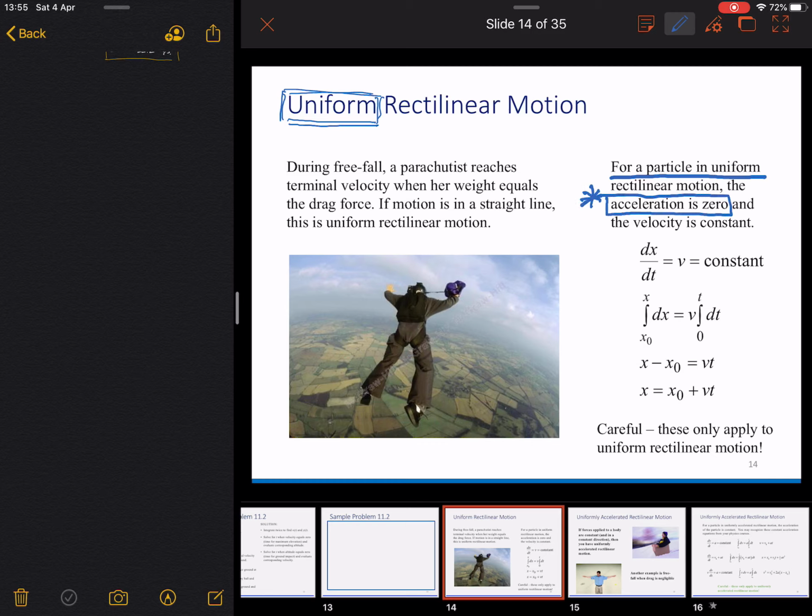This is super important, and this means as a consequence of this acceleration being equal to 0, the velocity is also constant. Okay, so this means acceleration is equal to 0 and velocity is constant.